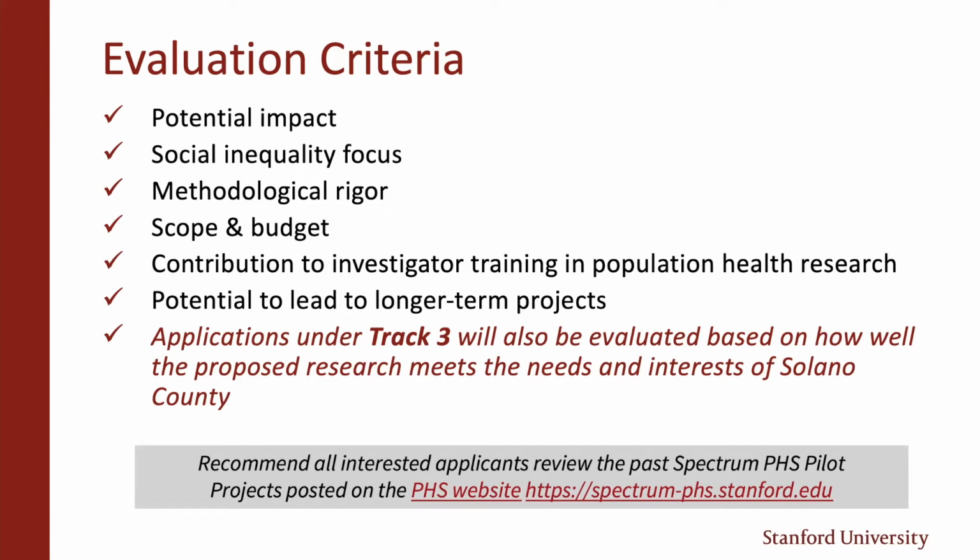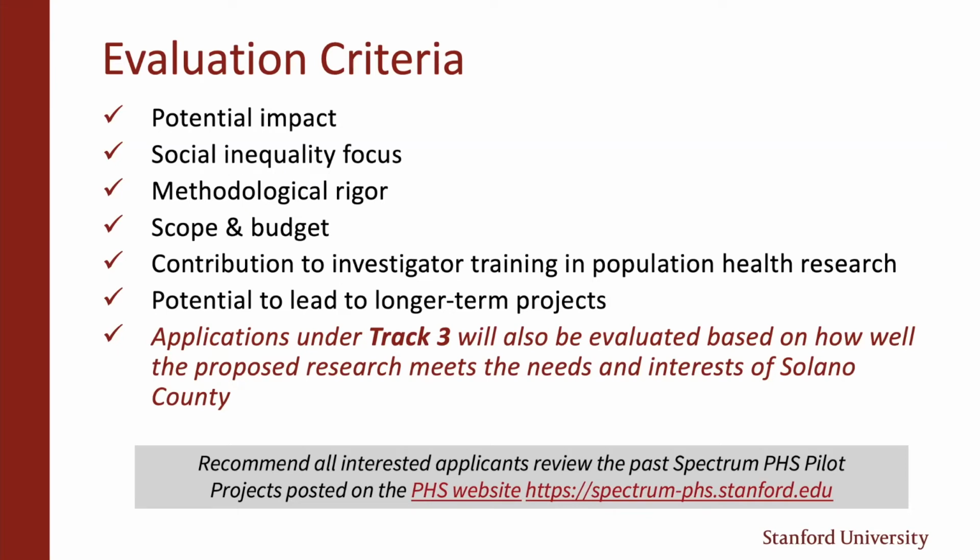So, evaluation criteria. We will have a faculty review committee that will review all of the applications, and they're going to be looking for several aspects that are listed here. First off, potential impact. Is the knowledge that's gained from the project likely to inform population health policy, practice, and programs?